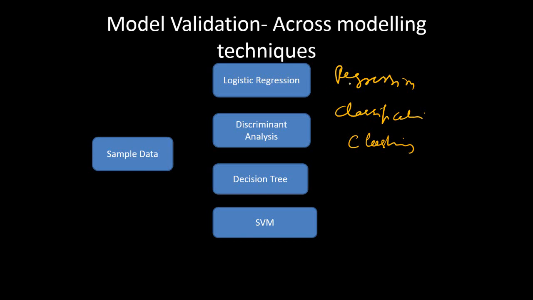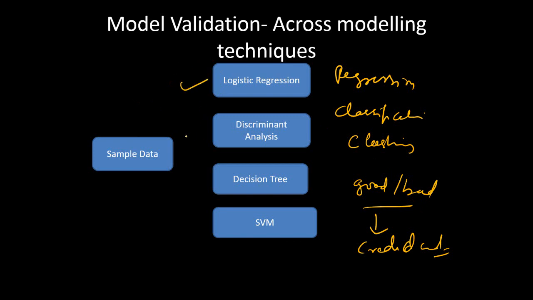For example, if you are using classification to classify good and bad customers in a credit card portfolio, you can use a number of statistical, computational, mathematical, econometric techniques. You can use logistic regression, discriminant analysis, decision tree, support vector machine, boosting, any number of techniques.